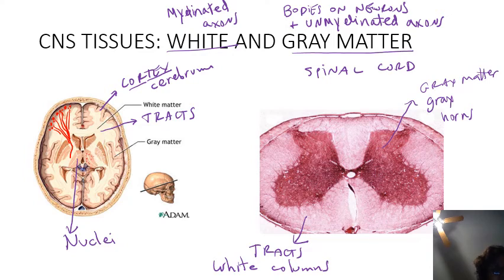Bodies of neurons are in the nuclei of the cerebrum and axons travel through the white matter. Similarly, in the spinal cord, bodies of neurons will be found in the gray matter, while the axons are found in the white matter.